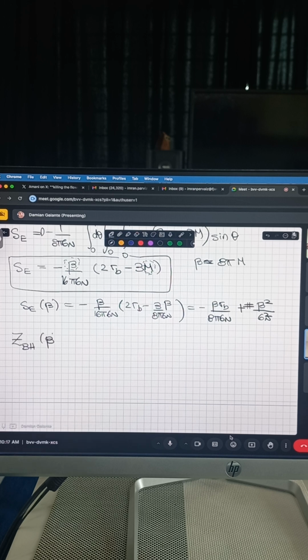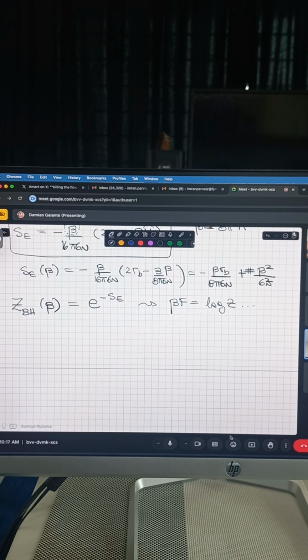Z of the black hole is equal to e to the minus S_E. And normally I would start doing something like computing beta F by doing log of Z, and then I can keep computing things. But because I'm very, very late with time, I will just compute the entropy of the black hole as a function of beta.